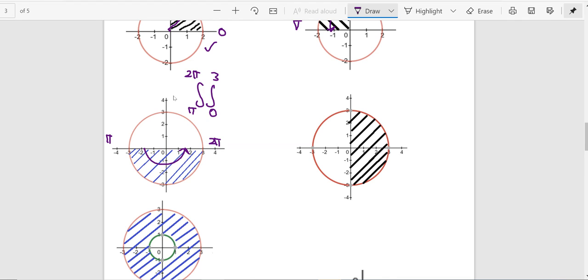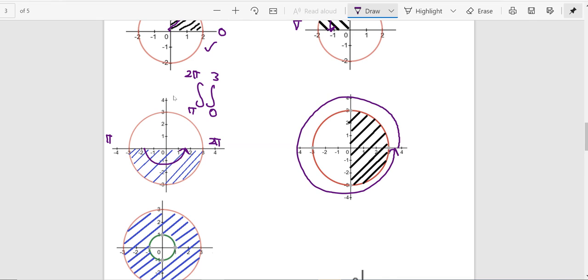So what about these cases? This is still a circle with a radius equal to 3, but the difference is in the shaded region. For this part, as I mentioned, it should be anti-clockwise. If we take from here up to here, it's not suitable.